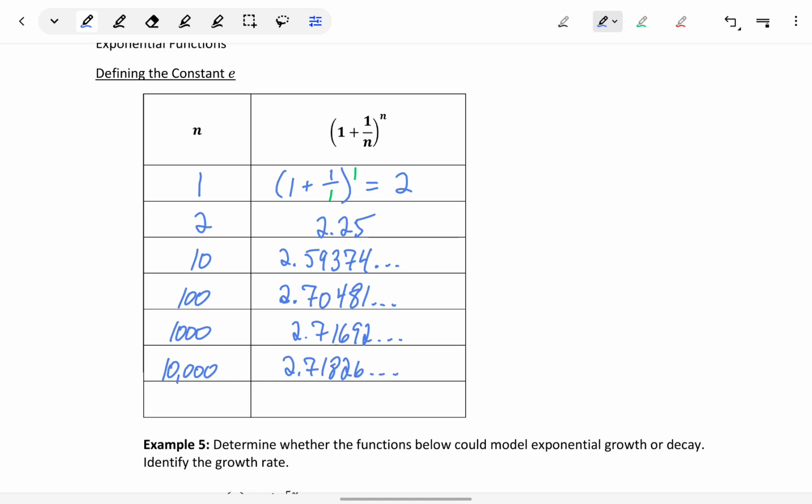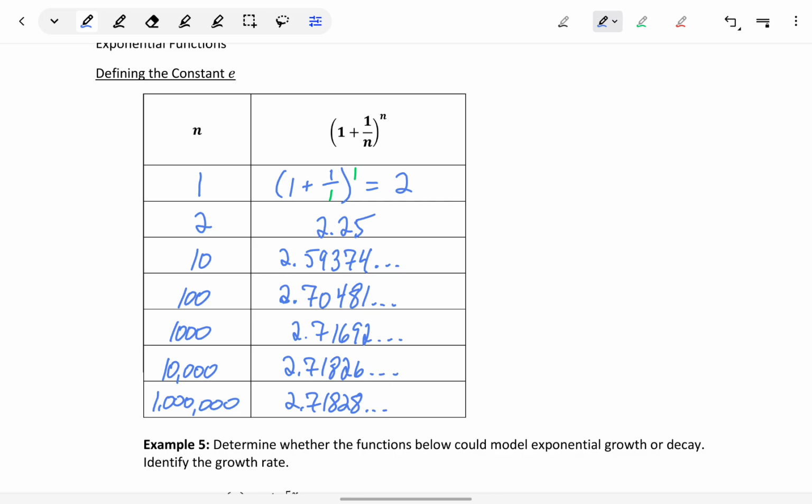And we can start to see a little bit of a pattern emerging that we're getting values that are about 2.7 something, something, something. And then as we jump to an even larger value, 1 million, then we would get 2.71828, and again, those decimal values would continue going.